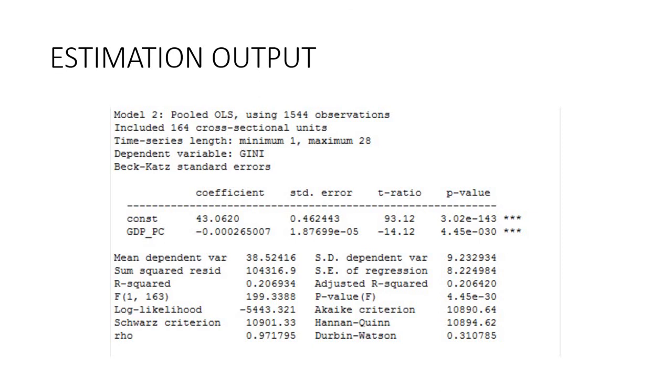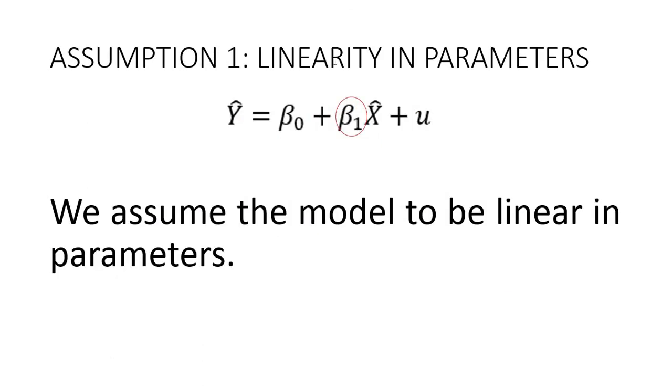And in the next videos, we will proceed to the further assumptions about OLS and how to verify whether your model fulfills those assumptions. So just to summarize, the first one was linearity in parameters. So thank you for your attention and see you in the next video.